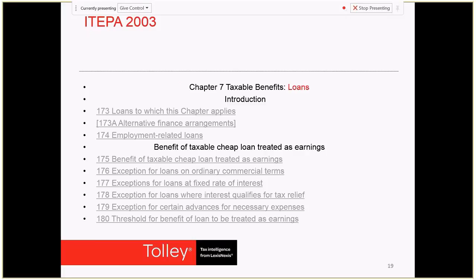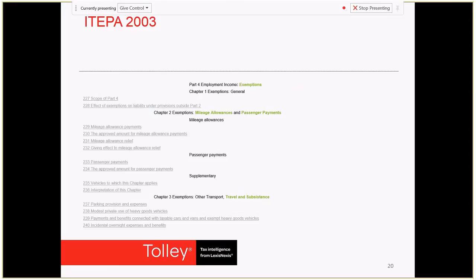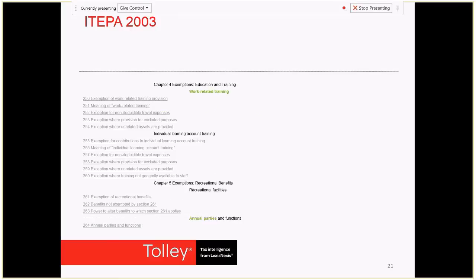You might be sitting there thinking, I know all this stuff, and that's good. But sometimes in the exam, you can just go blank. And you just need to think, right, and suddenly look something up and then calm down again. It can happen under the stress of the exam. Green is good, so mileage allowances are okay, passenger payments, travel and subsistence, that sort of thing, not taxable benefits.